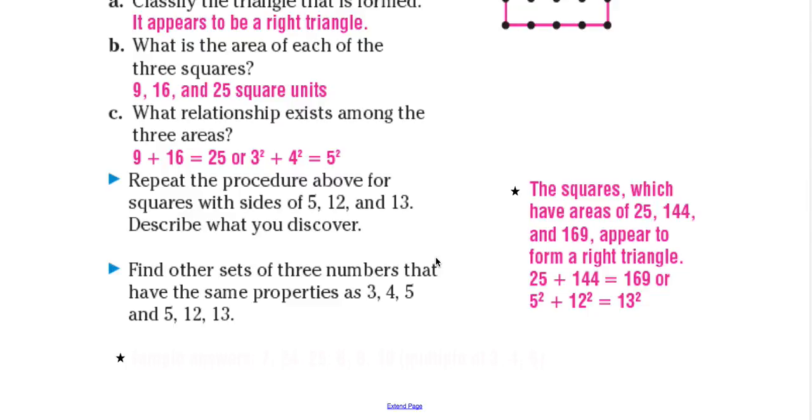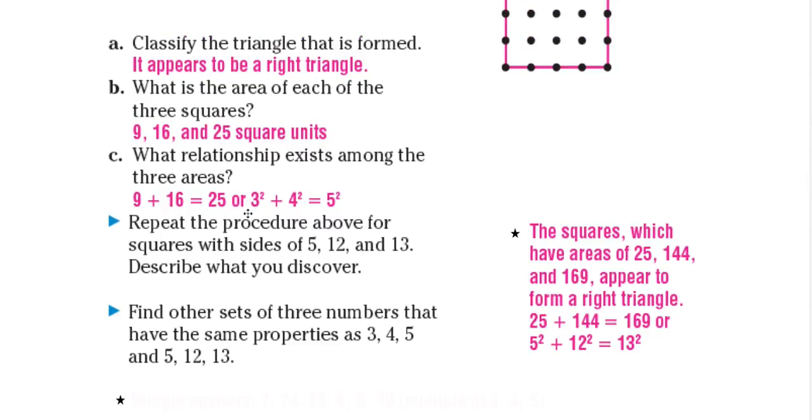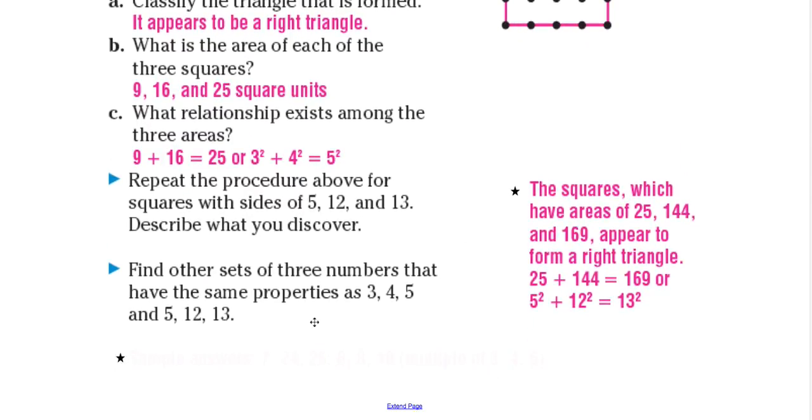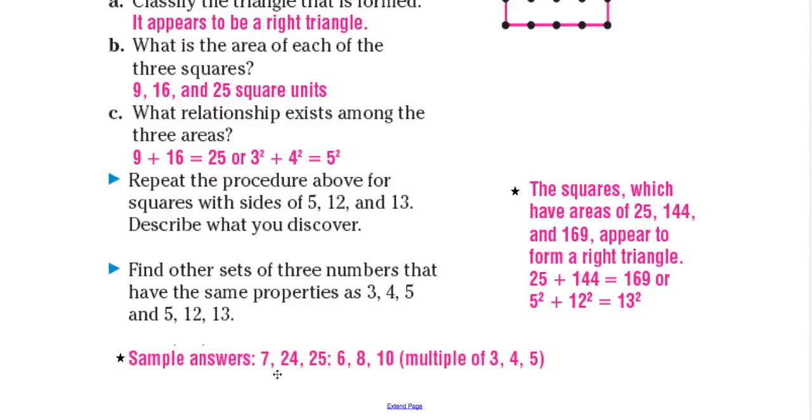Now, we know that 3, 4, and 5 unit squares work to form a right triangle. What other possible numbers will have the same result? We have 3, 4, 5, and 5, 12, 13. Sample answers for this one may be as follows. It can also be 7, 24, and 25, or 6, 8, and 10.